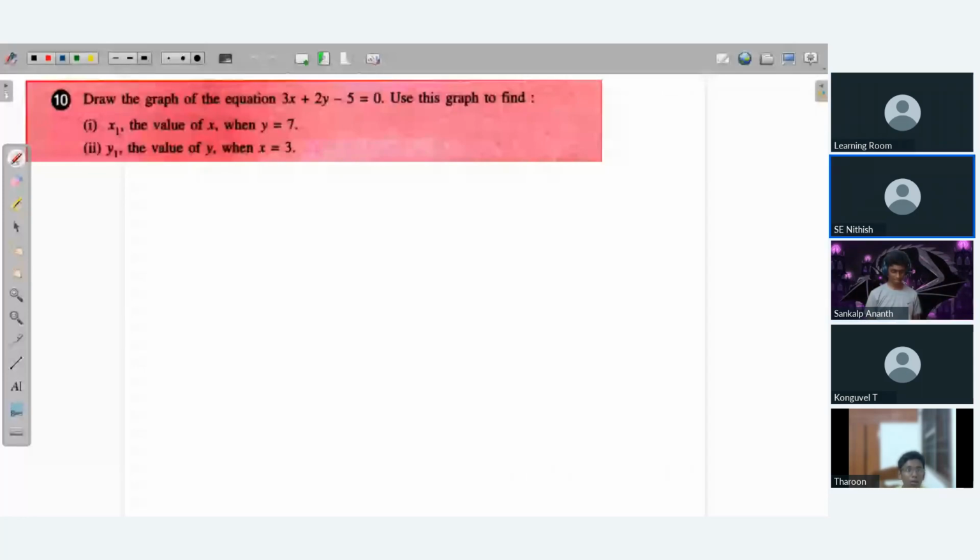First draw the graph. First draw the graph. Okay. It's minus 9 by 3, sir. Bruh, minus 3. Oh, yeah, right. You should not do it like that.